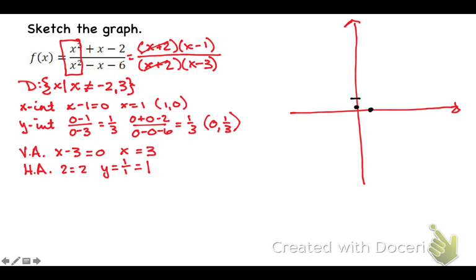I have a vertical asymptote at x equals 3. I have, it's not very straight. That's actually horribly straight. Try that again. Okay. And then I have a horizontal asymptote at 1.